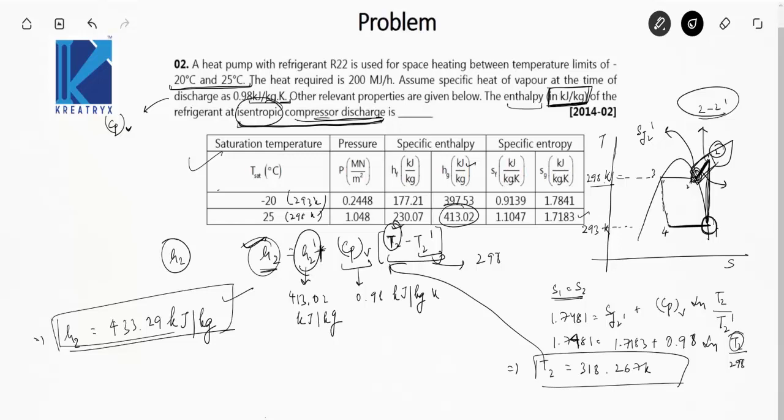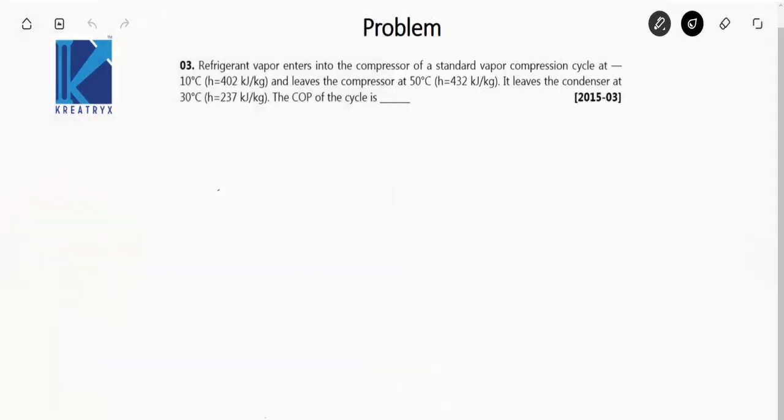Okay, the next question. Refrigerant vapor enters into the compressor of a standard vapor compression cycle at minus 10 degrees Celsius. The enthalpy is given, and it leaves the compressor at 50 degrees Celsius. The temperature limits are given, and the enthalpy at the state points is given.